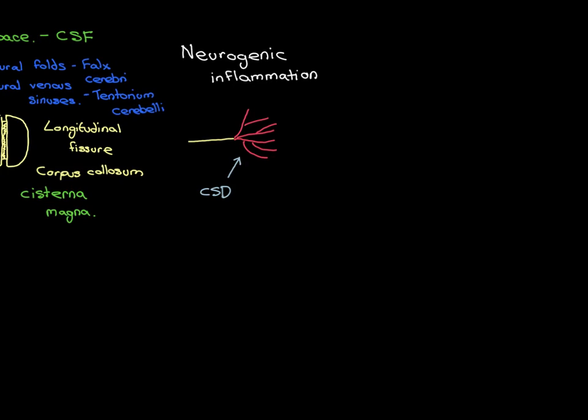Most likely a pathogen potentially is present in the meninges and is leading to cell damage that's then leading to molecules being produced that are activating the nociceptor here. So what's now going to happen is this nociceptor is going to release molecules that can cause inflammation, and this form of inflammation is called neurogenic inflammation.